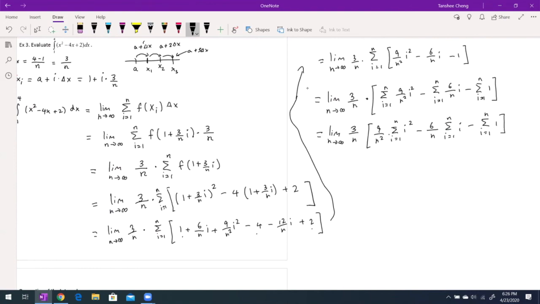And why do we rewrite it? Because this is a formula that we can use, and this is a formula that we can use, and this is a formula that we can use. So let's take a look at the formula, right?